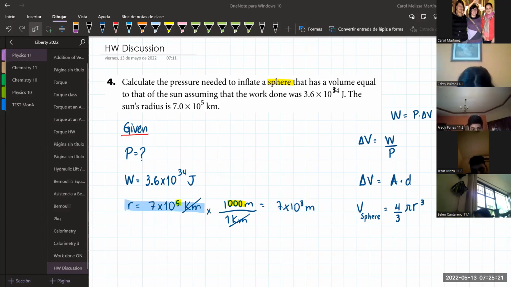I use the formula, and I say, okay, the volume of my sphere is 4/3 pi, my radius in meters, because that's why I did the conversion already, 7 times 10 to the 8th power meters raised to the third power.